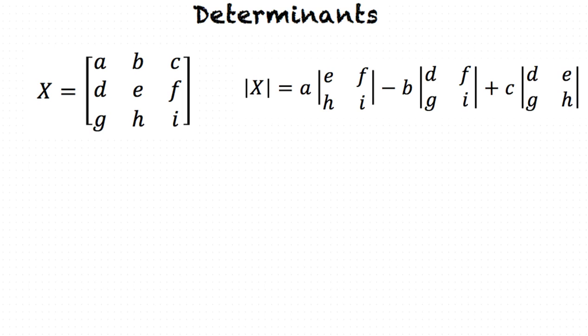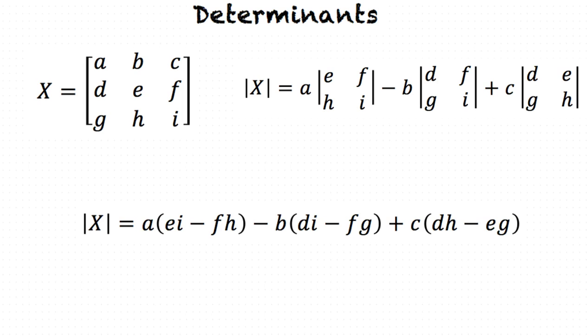The determinant can also be written as a times (e times i minus f times h) minus b times (d times i minus f times g) plus c times (d times h minus e times g). Now let's try an example.